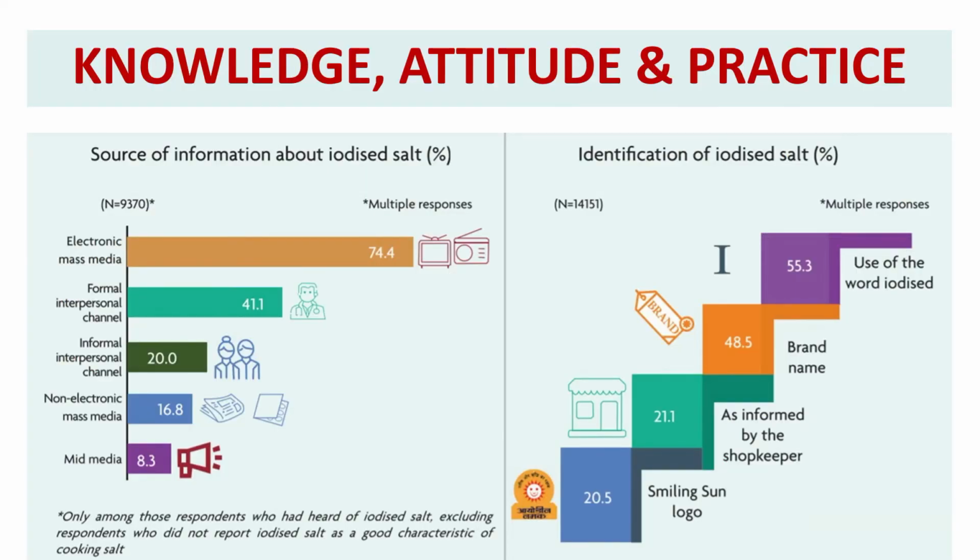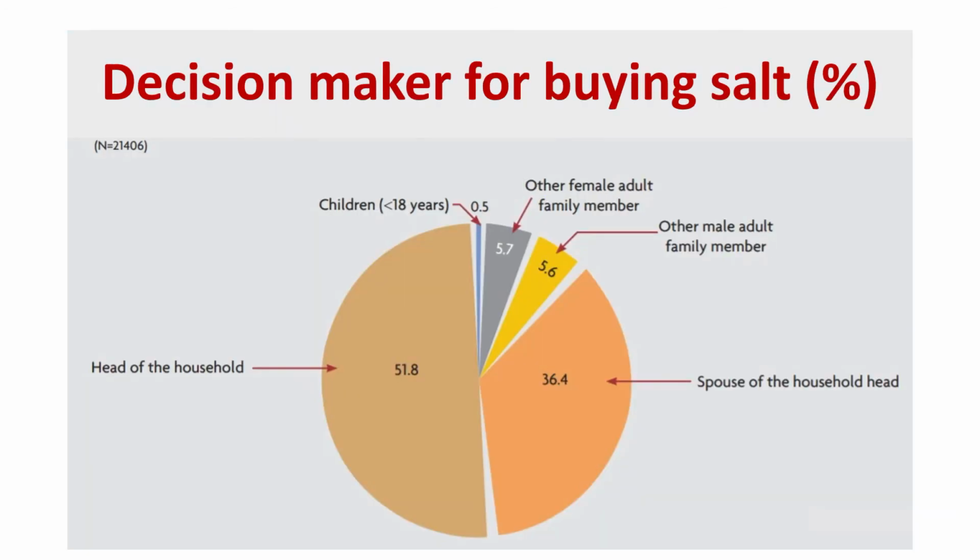Regarding awareness, we try to find out the presence of awareness among the population, and most of the people had learned about iodized salt consumption from electronic media. 74.4% of people have heard about iodized salt from electronic media, and many in the population are consuming it going by the word iodized written on the salt packets.